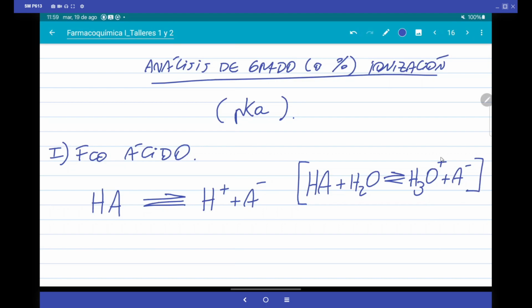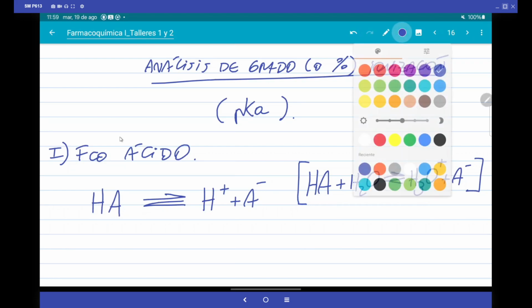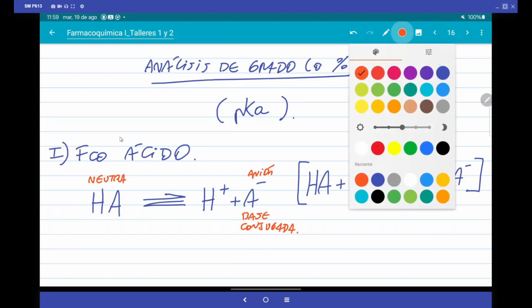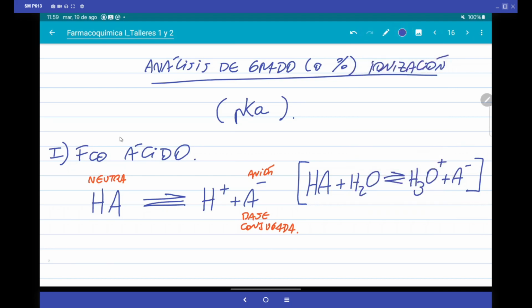Then, the acid drug is the one that delivers the proton of some neutral functional group. We start with a species that at the beginning is neutral, and this species generates an anion. That anion is the famous conjugate base. And the equation that describes this process is called the Henderson equation. So, we are going to see now the Henderson equation.